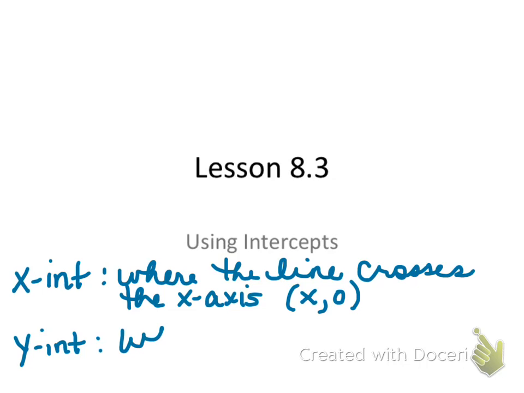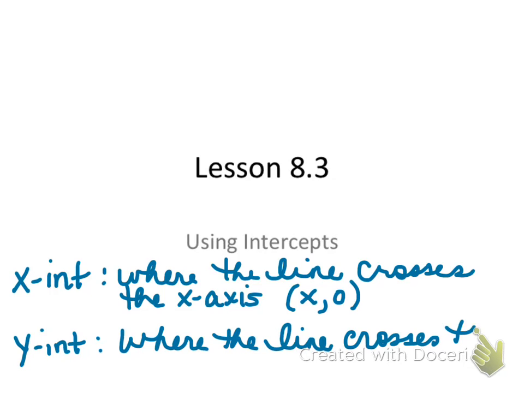line crosses the y-axis. So in this case, we'll have a 0 in place of x and some number in place of y.